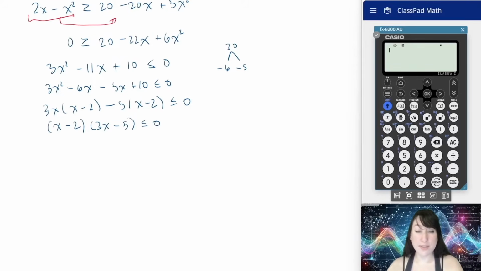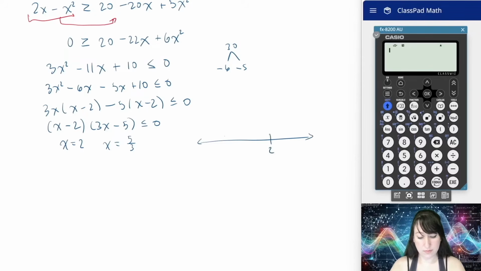So x is 2 or 5/3. Now what we can do is consider this as an upwards facing parabola, which means it would be less than or equal to 0 between 5/3 and 2.